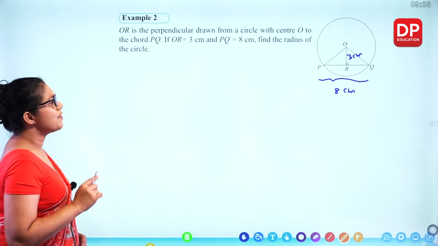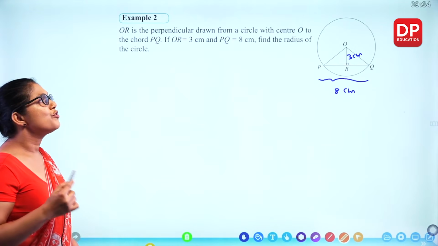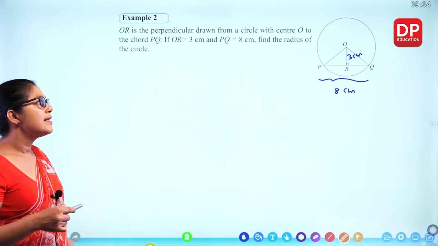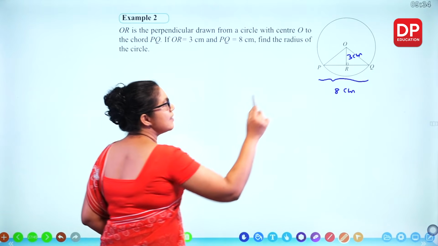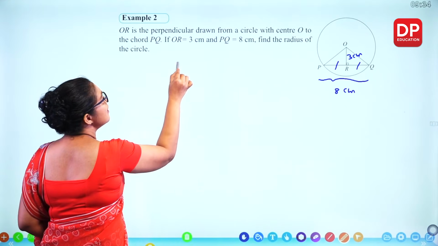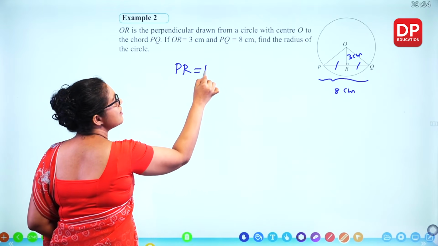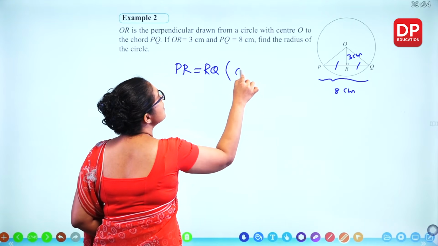Find the radius of the circle. So according to the converse theorem, we know when you draw a perpendicular from the center to the chord, it bisects. So that means these two lengths are equal. So PR is equal to RQ by the converse theorem.